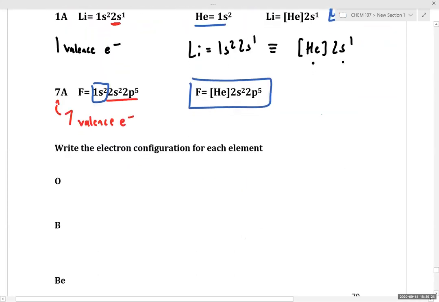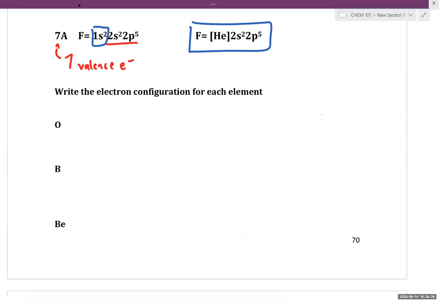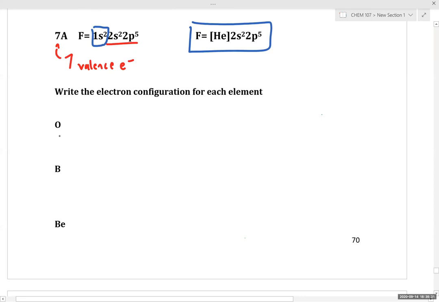So let's do an example. We have 3 cases here. I'll do the first one. In this case, we're looking at oxygen. If we look at the periodic table, we have helium, then the rest of our row, and then we have oxygen.